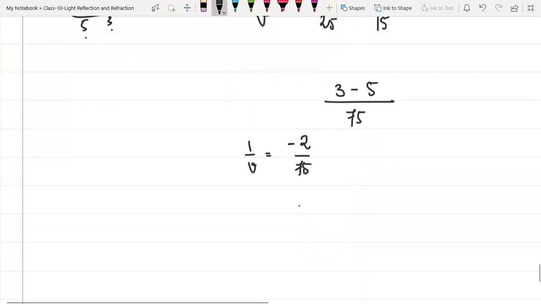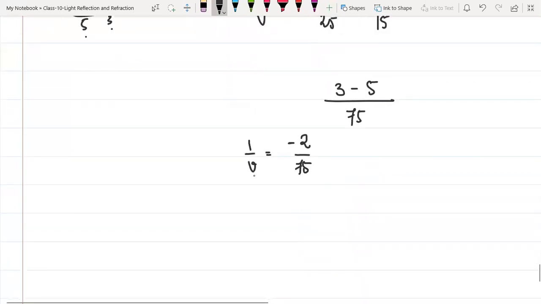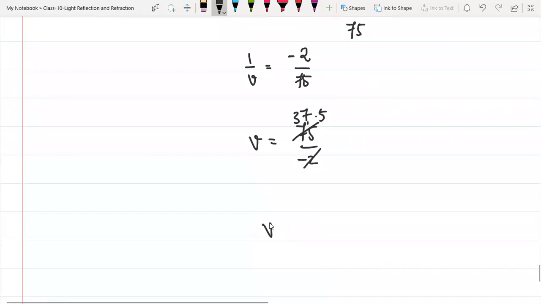If you do minus 2 by 75, basically you see, we don't want the 1 by V value, we need the V value. V value is equal to 75 by minus 2, right? 2 3s are 6, 1, 2 7s are 14, point, 2 5s are 10. So V value will be minus 37.5 centimeter.